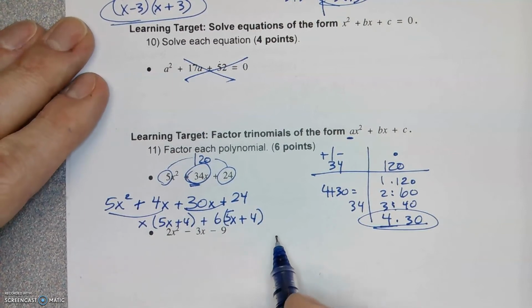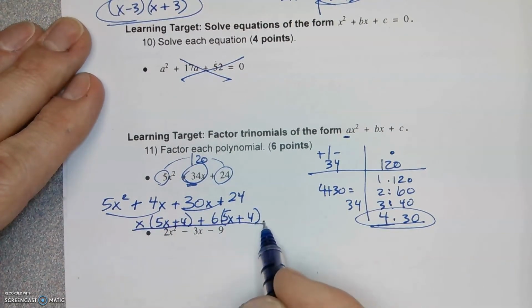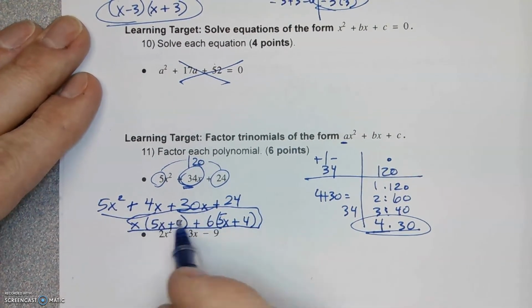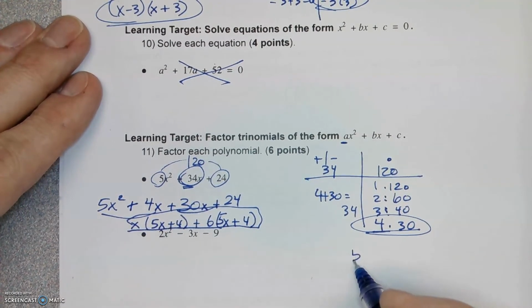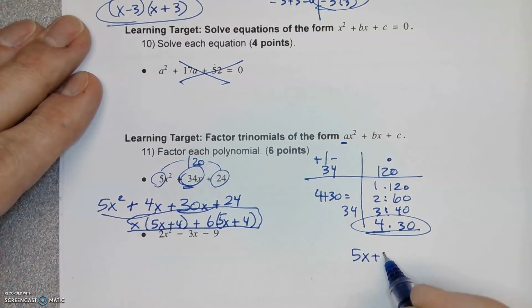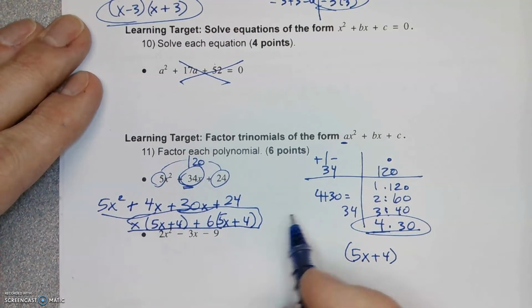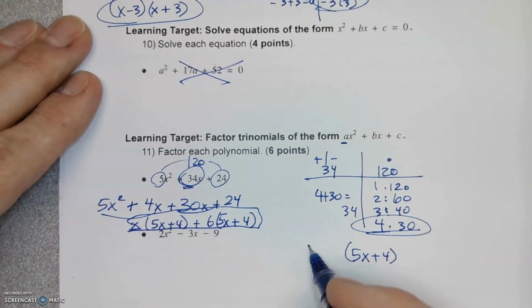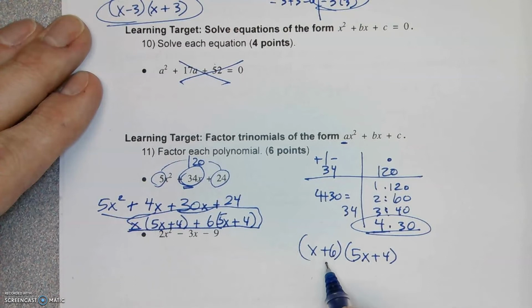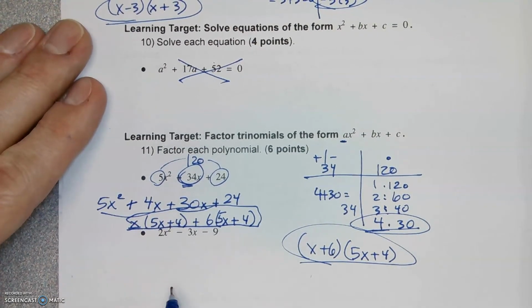Okay, so that should all be good. Now at this stage, you just want to combine what should be the same phrases in the parentheses. And then what's left? X plus 6. And there you go.